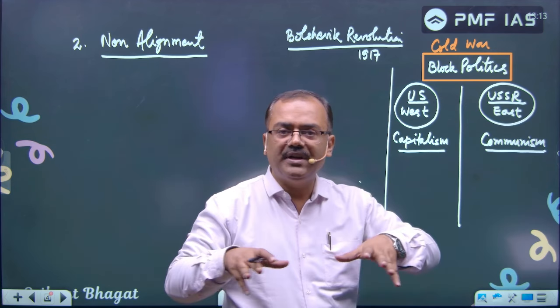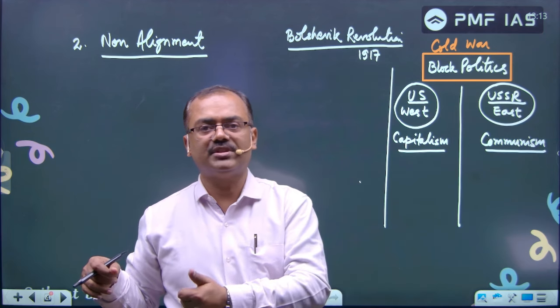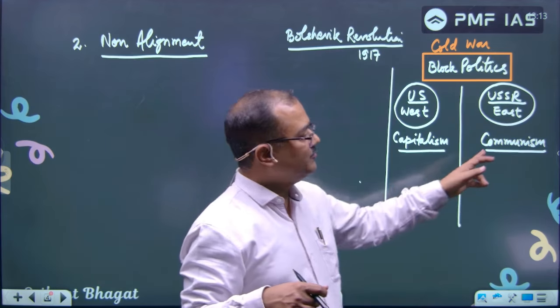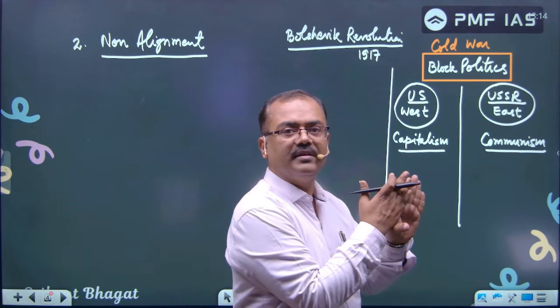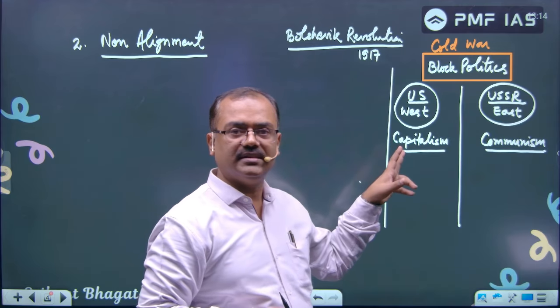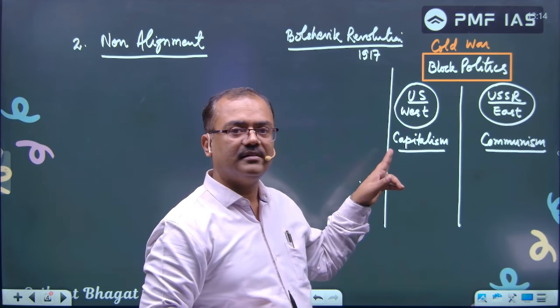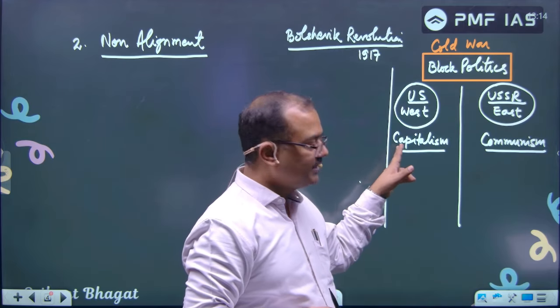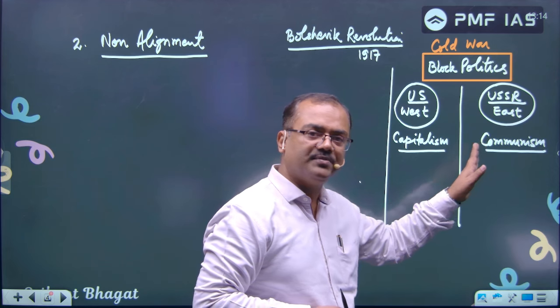Capitalism wants to expand the market and use capitalist resources for a country's development, but communism is against this. So ideologically, these two are opposite. Therefore the capitalist nations, led by the US, with Britain also supporting, wanted to contain the advance of communism.